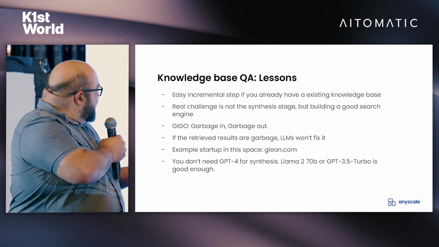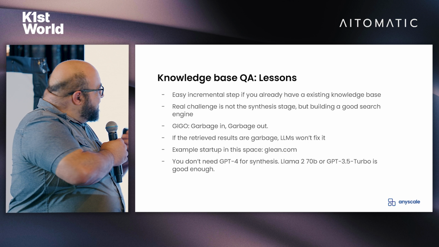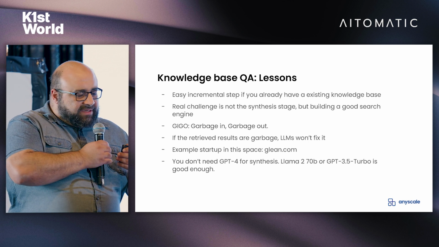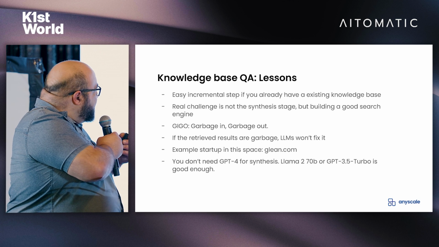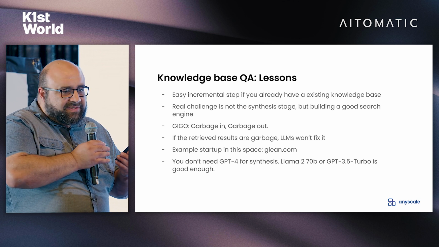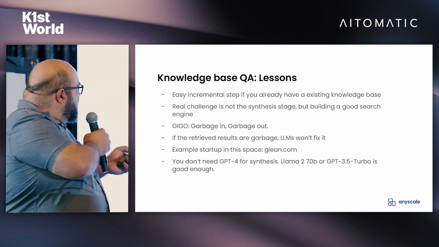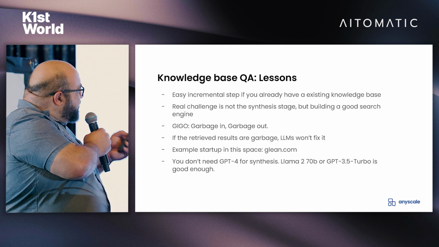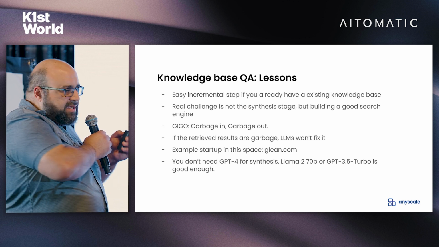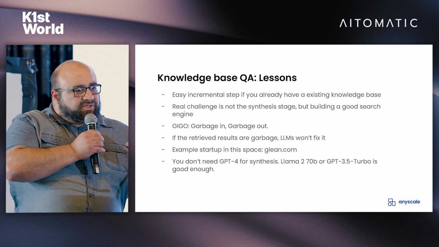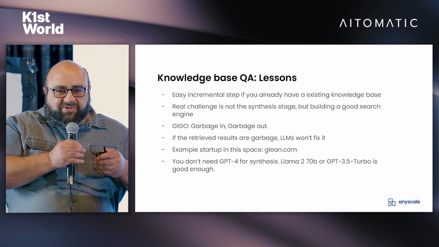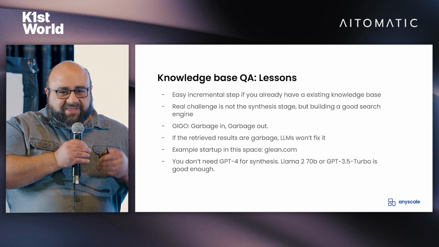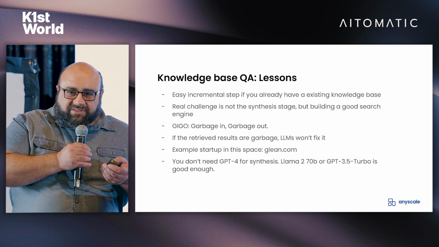So thanks for that. Here's what I would summarize as the lessons for these knowledge-based QA approaches. The first one is, if you already have a knowledge base, this is an easy thing to do. But the tricky thing to get right is the search results. Making sure that whatever vector search or database search you do gives you good answers. Because with LLMs, if you feed them garbage, they'll spit out garbage.